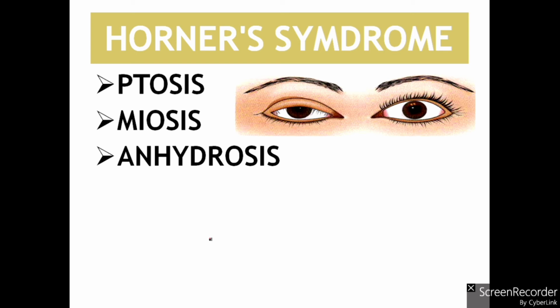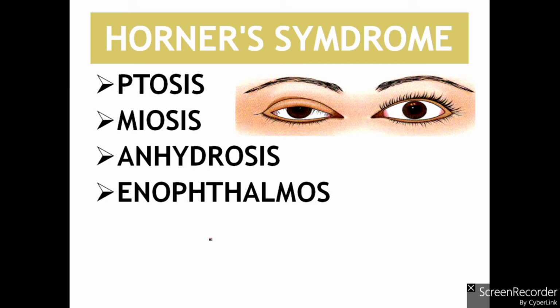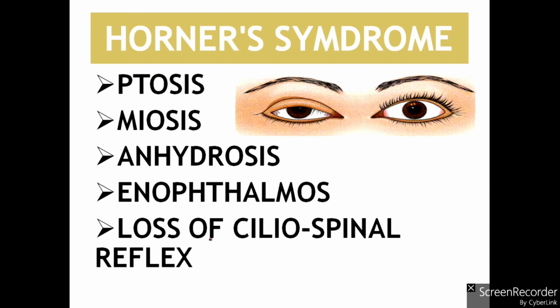There is anhydrosis, which means absence of sweating, and enophthalmos, which means posterior displacement of the eye, and we have the loss of the ciliospinal reflex. The ciliospinal reflex is the pupillary skin reflex.